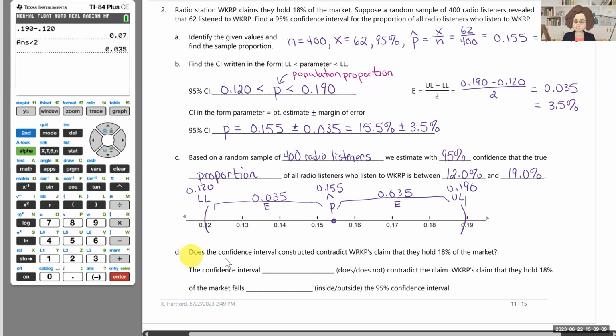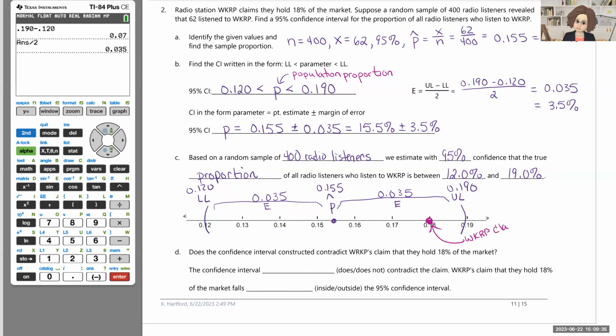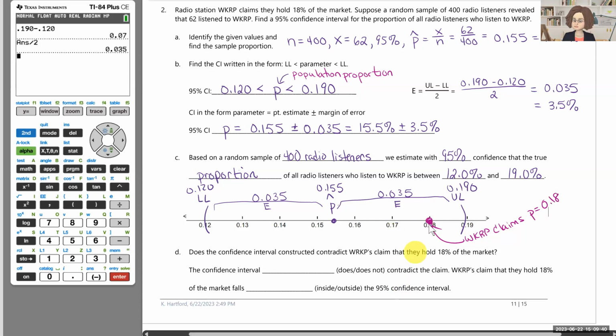So we think that the true proportion P is somewhere in there. We want to see if that confidence interval contradicts WKRP's claim. So they claimed that they hold 18% of the market. So 18% would be equivalent to 0.18. So this is their claim. So WKRP claims that P is 0.18. So our confidence interval is not contradicting them, because their claim is contained in our interval.